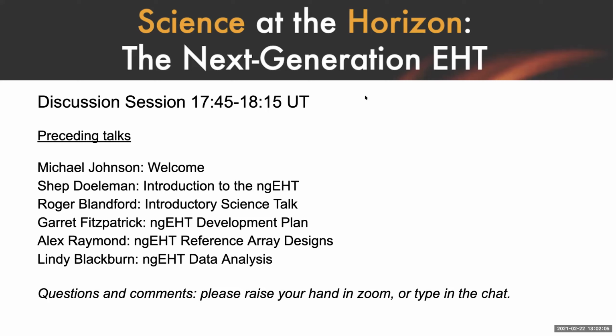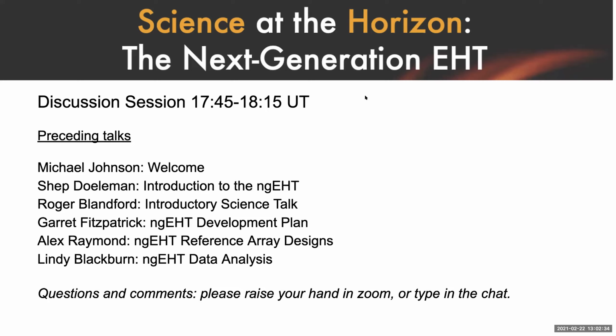I also wanted to, maybe in the interest of discussion, throw out a question for Garret and company regarding what has yet to be decided. And so very naively, I think of elements of the ngEHT living in three categories. The first is what still needs to be decided, and that's going to be driven by the science, beginning with what we talk about here this week.